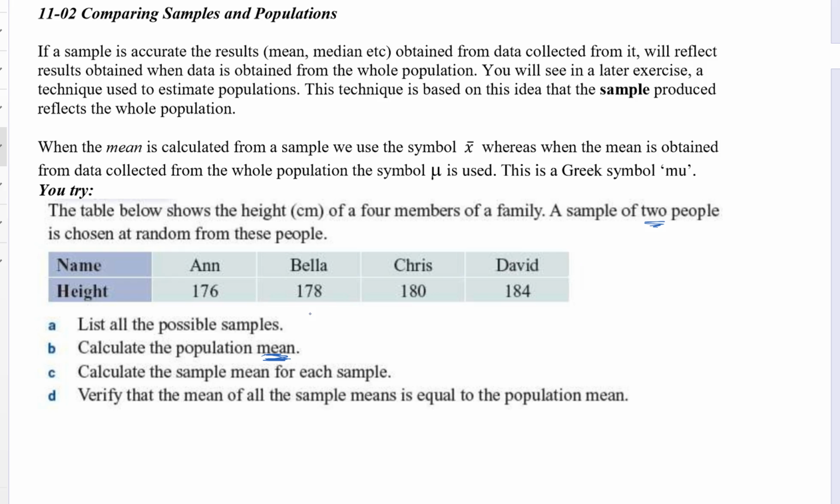And this is all based on the idea that really in our sample or in our samples, we want to get results that actually produce or reflect the whole population.